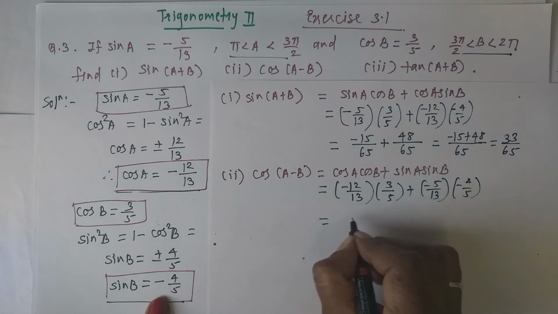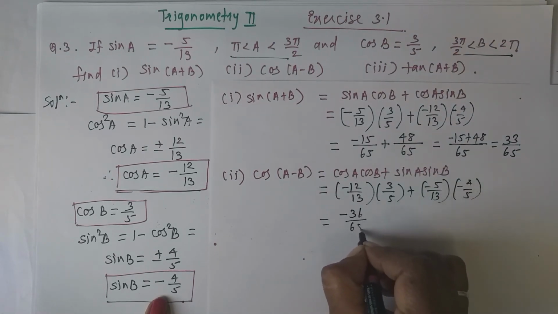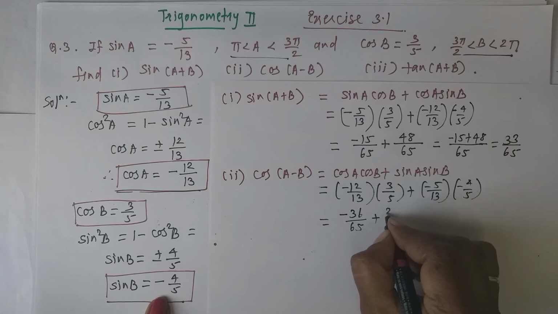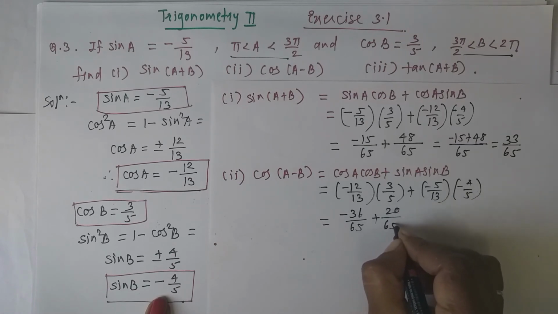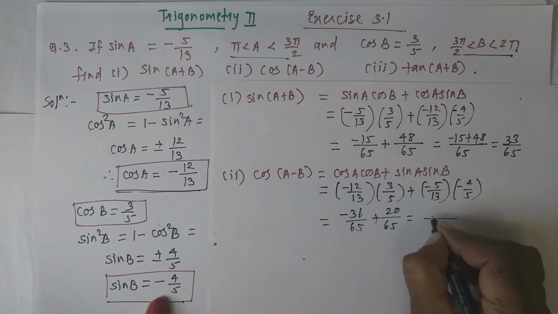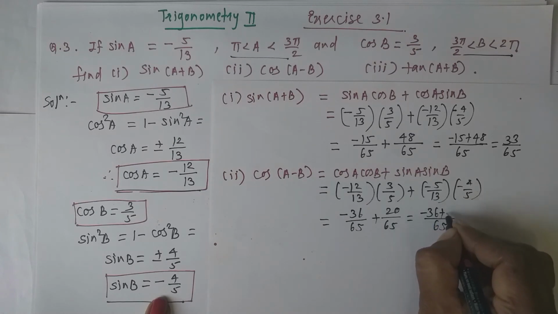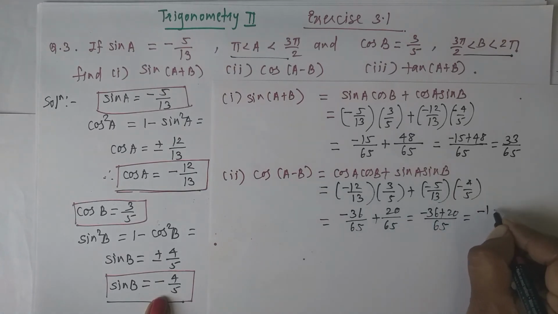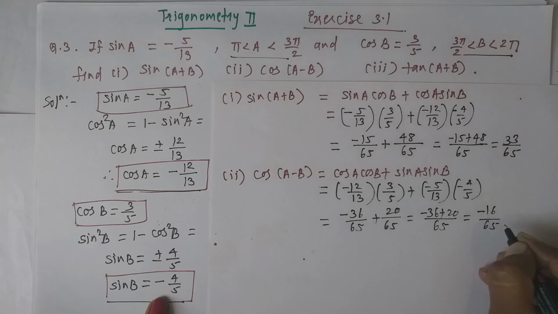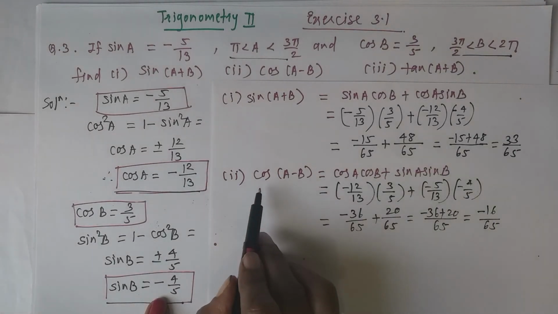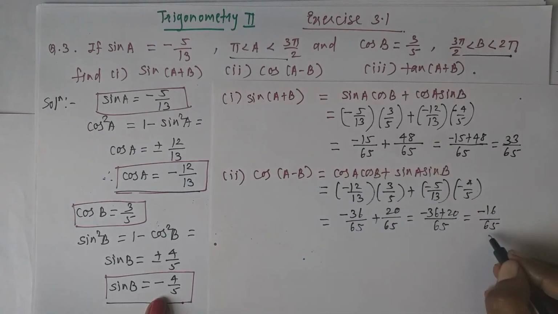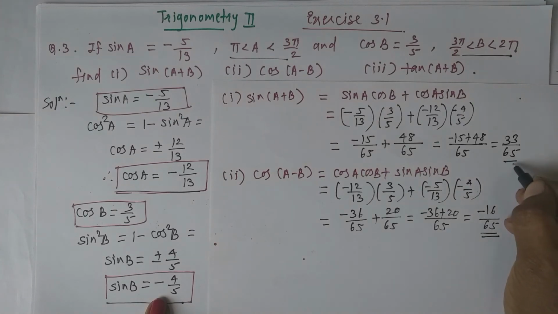Now simplify this. This will be minus 36 divided by 65, this will be plus 20 divided by 65. Now you take the LCM 65, minus 36 plus 20. This will be minus 16 divided by 65. In this way, we have got the value of cos(A minus B) as minus 16 divided by 65.